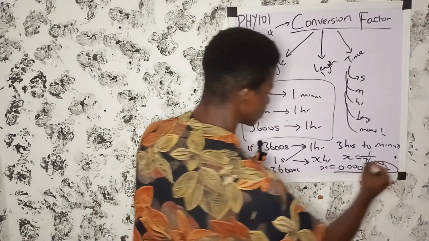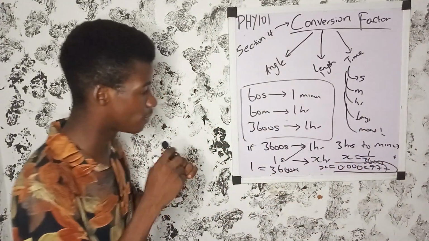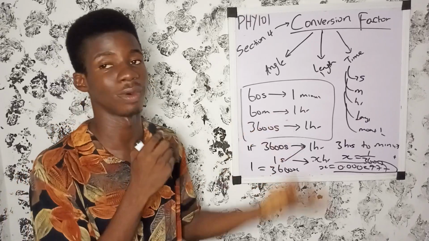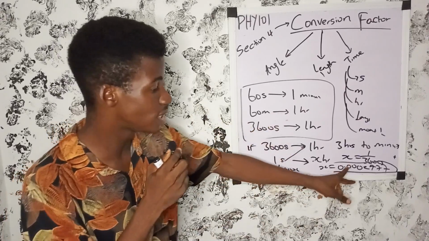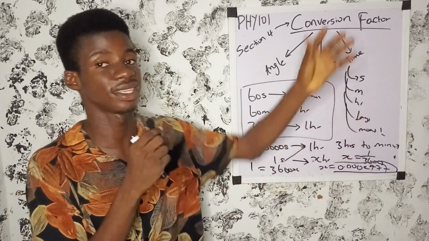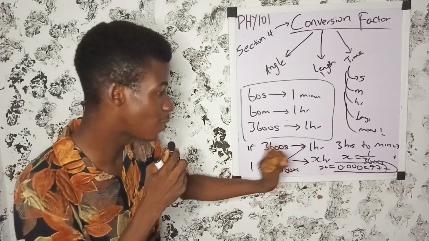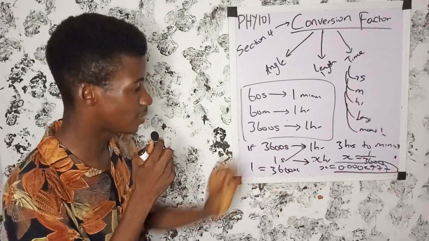So this is the hours. So they say convert 1 second to hour. This will tell you that there are 0.000277777 hours in 1 second.